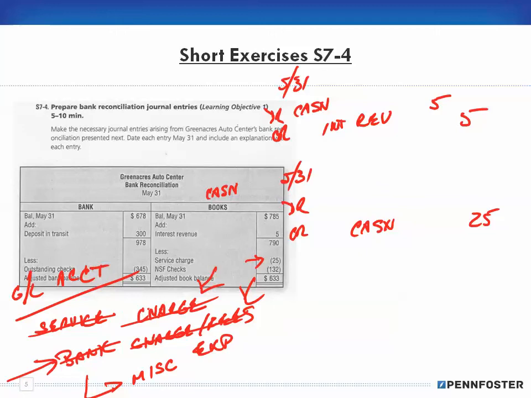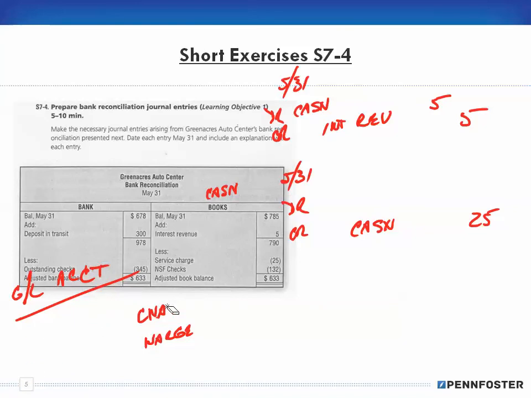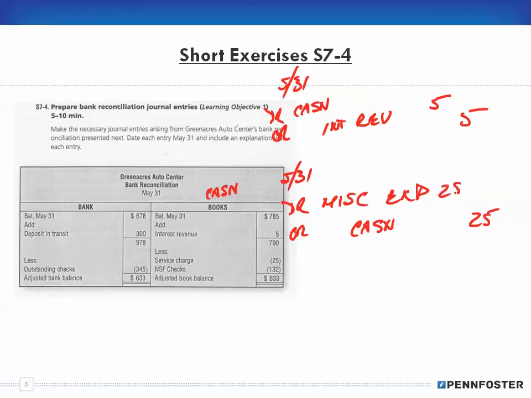But in lieu of not having those accounts, you should have a miscellaneous expense account on your chart of accounts, and that's the account you'll use for something like this. So we're going to debit miscellaneous expense for $25.